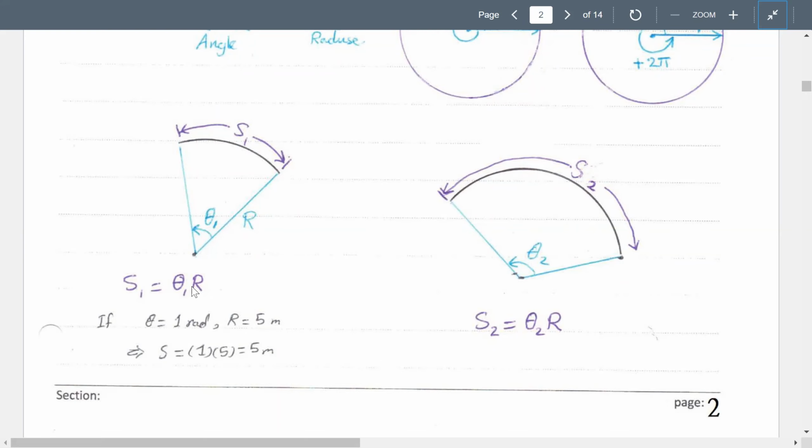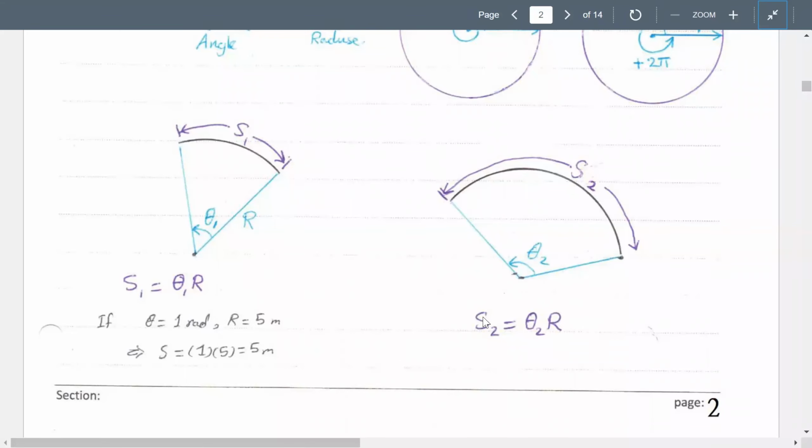We need to put 2 pi in the place of theta. For the same radius, as you see here, if we change the angle, then the circular section will increase. So the circular section, this one, depends on r and also on theta.